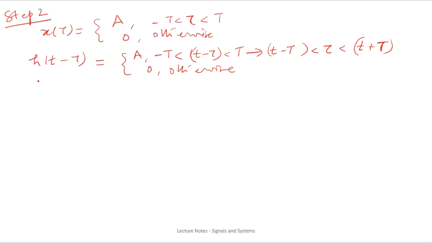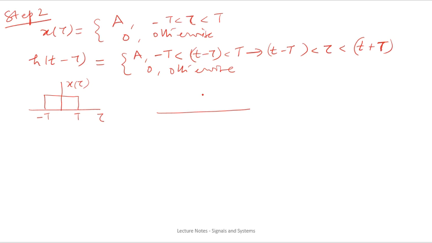If you plot this, x(tau) will be the same, from minus T to T, where the variable is tau.